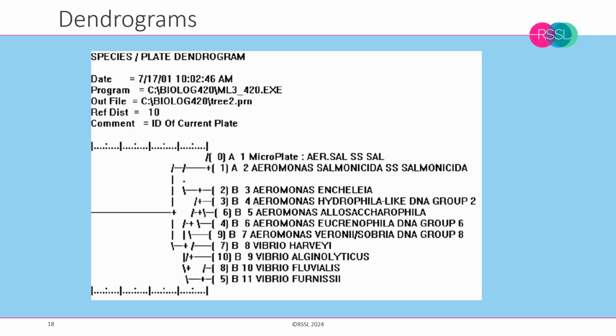So there's an example of a diagram on the slide, and this is what's called a dendrogram, and it's looking at degrees of relatedness. The closer the relatedness, the easier it is to perhaps get the wrong organism. The wider, then there's more chance of potentially getting sufficient reactions to point to what we actually want.